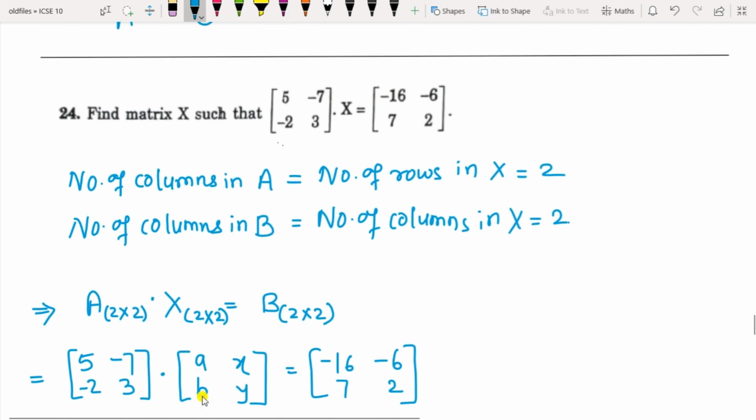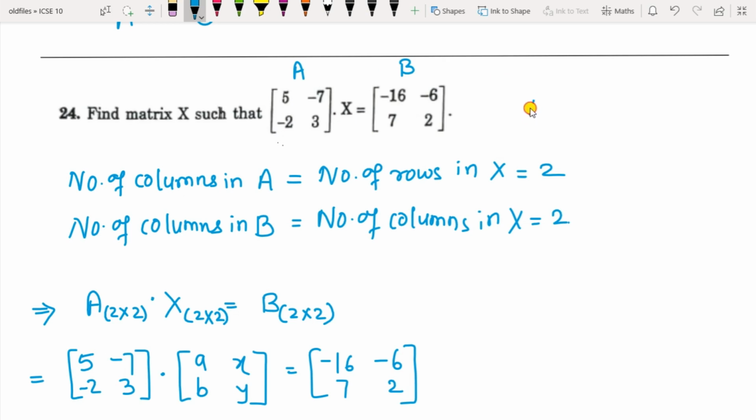The next question here is: find the matrix X such that 5 minus 7 minus 2 3 into X equal to minus 16 minus 6 7 and 2. Okay, now we don't know the X matrix, so to write the X matrix we have to consider these two matrices. Let this be the A matrix and this be the B matrix here.